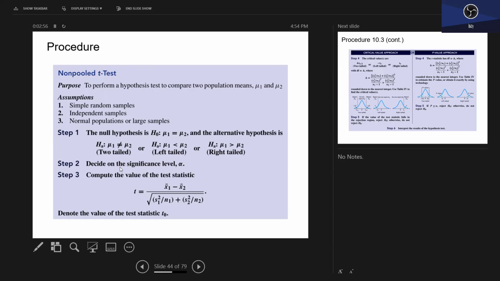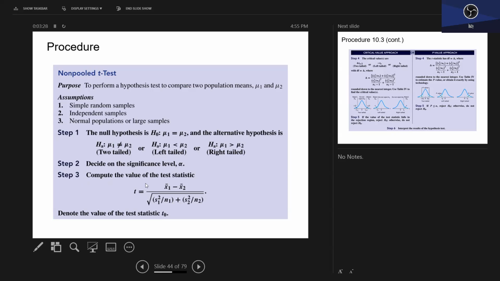Step 2 is to decide the significance level alpha from the problem. Sometimes they will say this is the significance level, okay, got it, directly use it. If they say the confidence level, then alpha is 1 minus the confidence level: for 90%, 1 minus 0.9 is 0.1; for 95%, 1 minus 0.95 is 0.05, right?